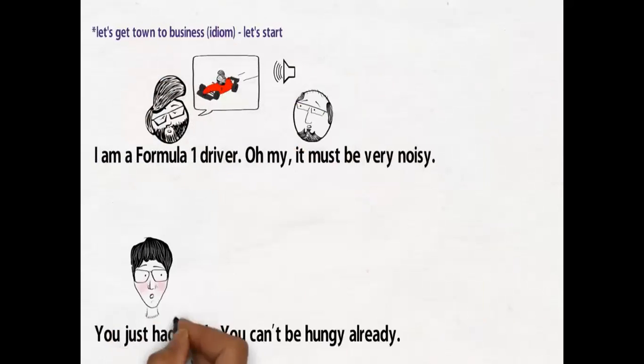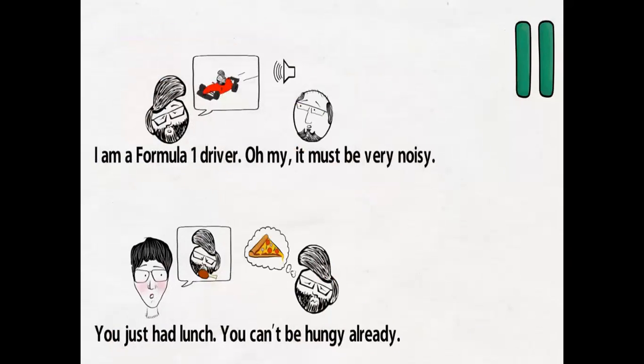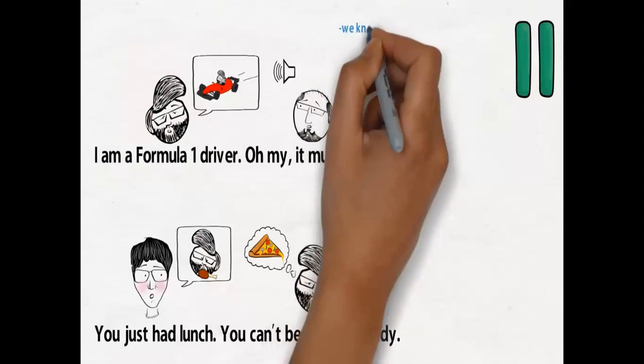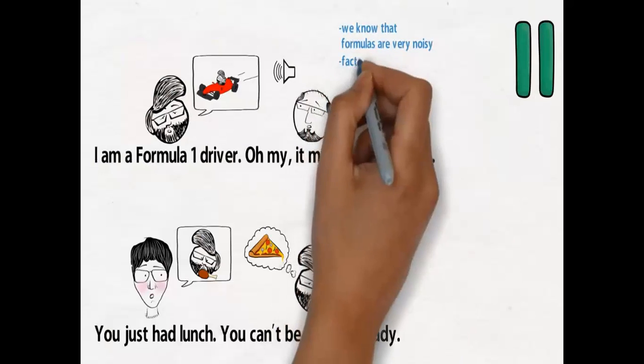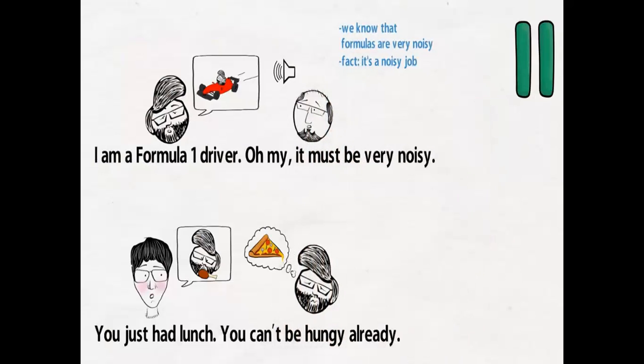Let's take a look at these sentences. Pause the video and, using your own words, try to explain why we used must in one example and can't in the other one. Okay, now let's see if your answers are the same as mine. In the first sentence, we know that factories are very noisy, and from that we can conclude that it's a noisy job.